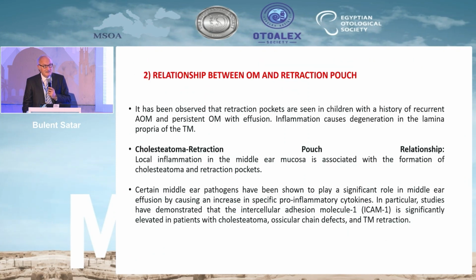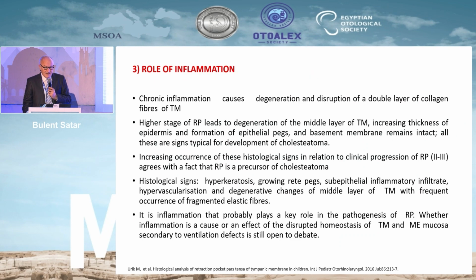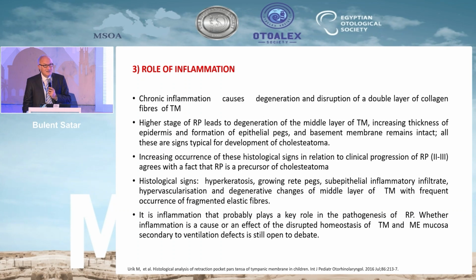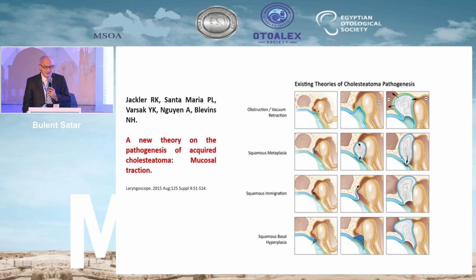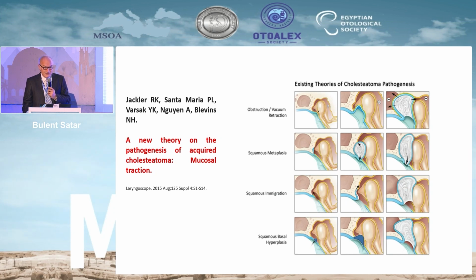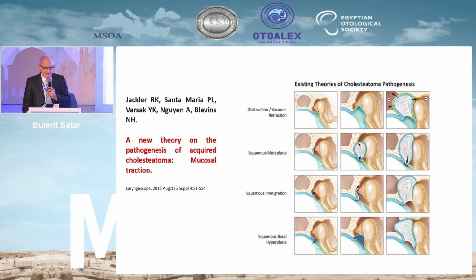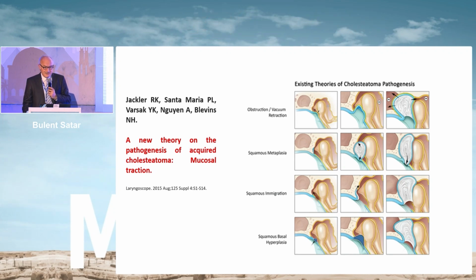It may be closely related to otitis media, and chronic inflammation may underlie the retraction pocket. Recently, some new theories contribute to our knowledge, which is the mucosal traction theory by Professor Jackler.